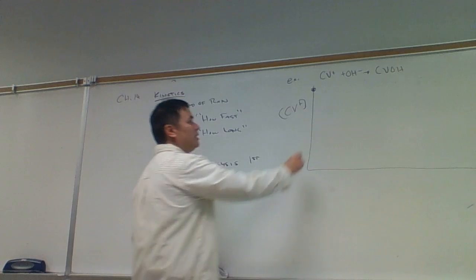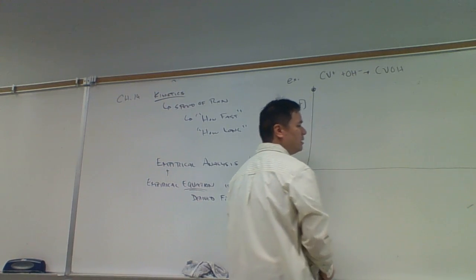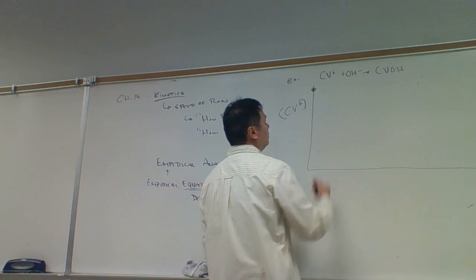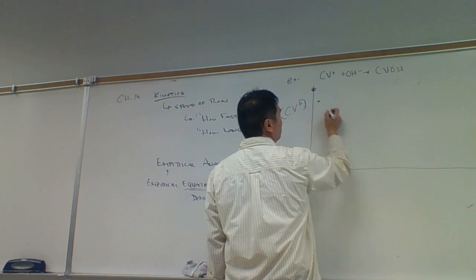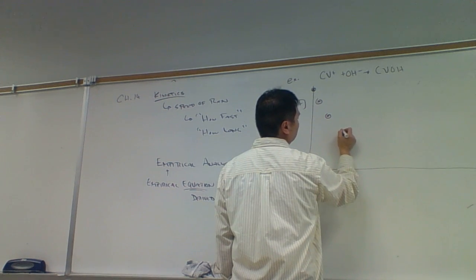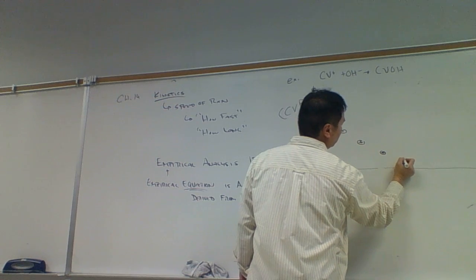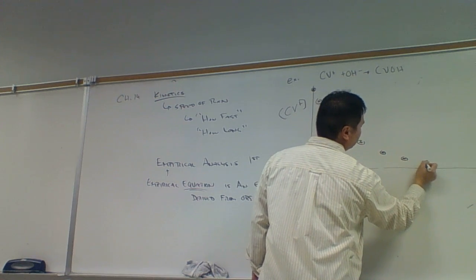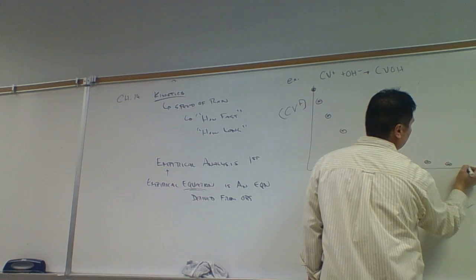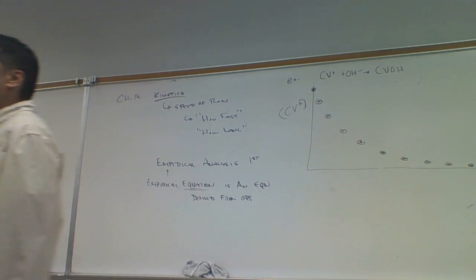But did it go down linearly, or did it go down non-linearly? Was it a curve or a straight line? Was it linear or non-linear? It was a curve? Okay. So it was a curve like this. So in empirical analysis, we want the equation of this curve.